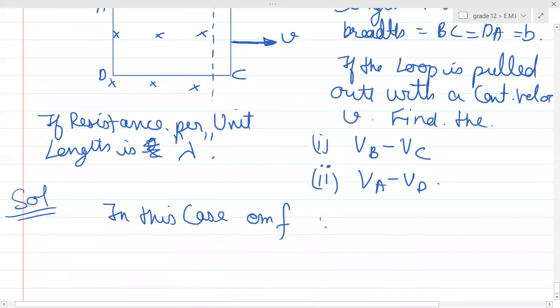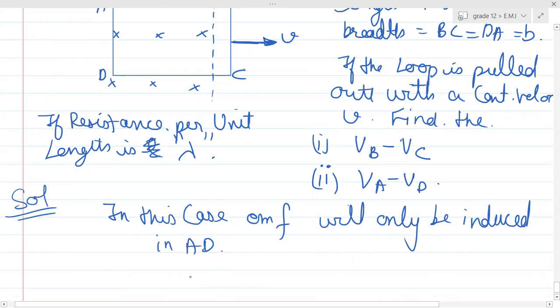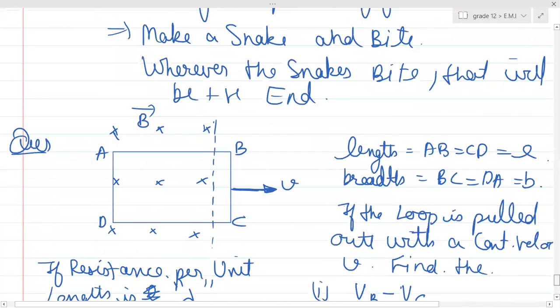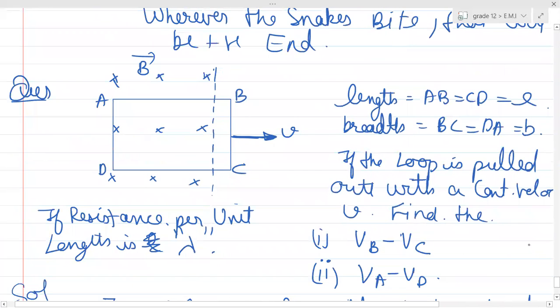So in this case, EMF will only be induced in where? AD. Can you tell me what will be the value of induced EMF in AD? B is basically the magnetic field. Where AD is present, the magnetic field is B, right? This is also moving with the same velocity V because the whole loop is taken out, right?